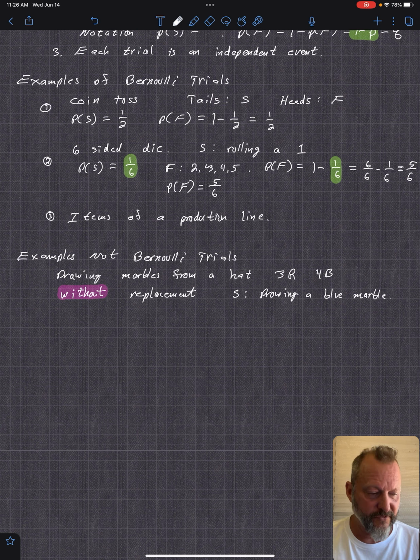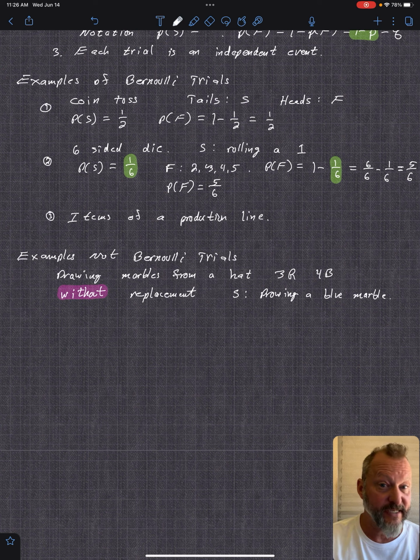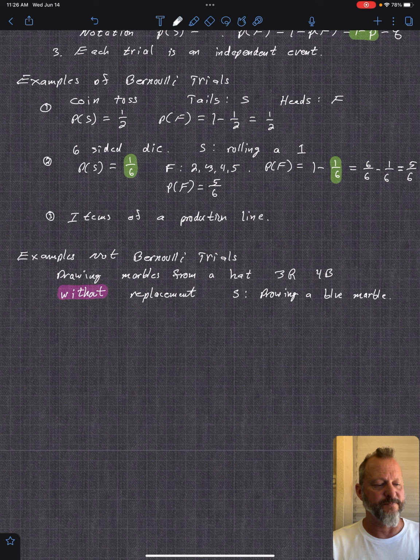So your first draw is 4 out of 7, but the probability of drawing a blue marble for your second draw will be 3 out of 7. I'm sorry, 3 out of 6, not 7. 3 out of 6, you did not replace it. Right? So if you replace it, it's always the same probability. Okay, so you have to define it and analyze what you're looking at.